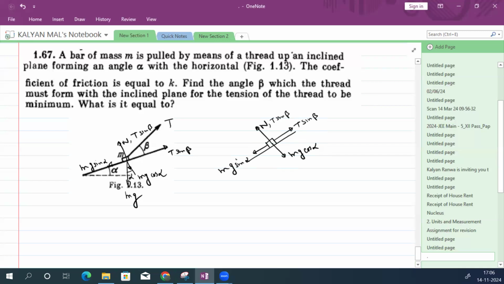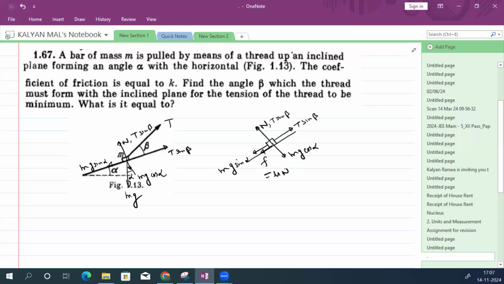When the body starts to move upward by the action of the tension in the thread, a friction force F acts in the downward direction, and the value of this F is mu N. In the question we are to find the angle beta which the thread must form with the inclined plane for the tension of the thread to be minimum.